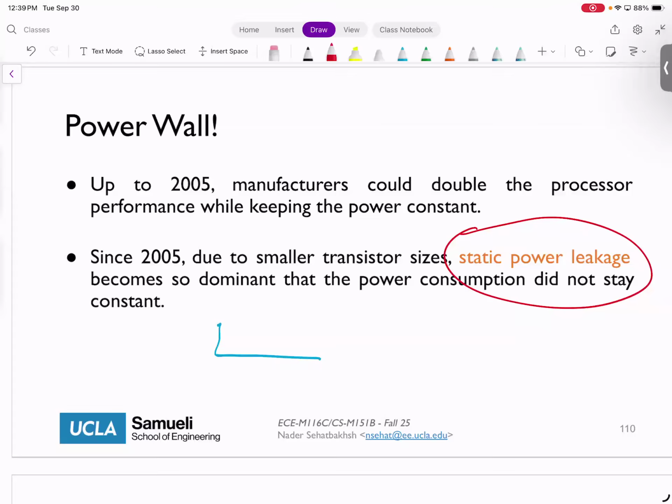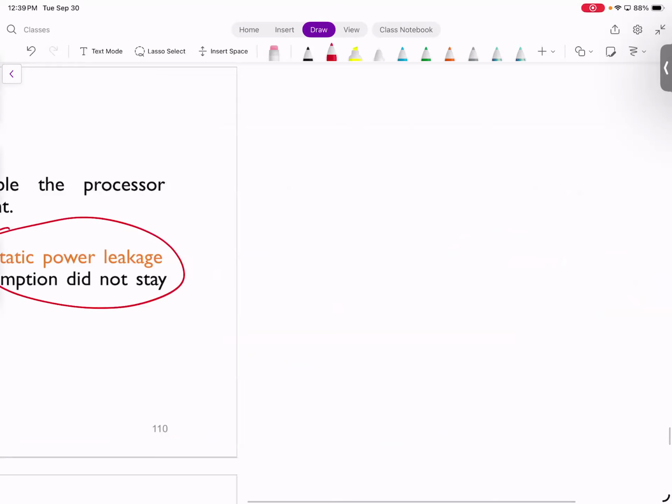But when your transistor is off, you can think of it as an ideal switch, which means it's no longer consuming any power. That's the assumption we have in any system: when it's off, it's not consuming any power. In reality, it consumes just a little bit of power. Again, I'm not going to go through the physics of the transistors, but think about the two channels we have in the transistor, source and drain.